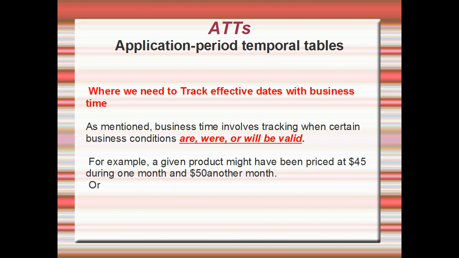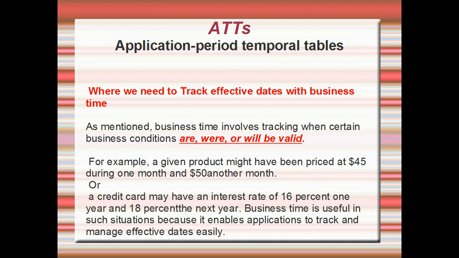Or if we take another example, let's say a credit card may have an interest rate of 16% for 1 year and 18% for the next year. Such applications are a good choice where we can manage some specific period range with different values. Wherever we have such criteria, those will be perfect for implementing ATTs.